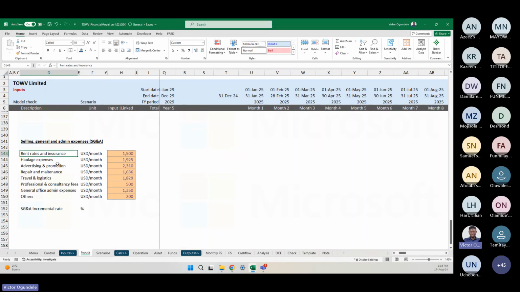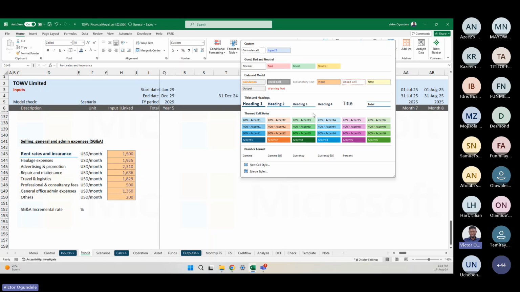So please, it's always good when you copy from another cell, make sure you paste it as value, so that you maintain your own cell format. You get some model from some people, and you open their cell styles and you will see a lot of cell styles. It's because people are copying from another worksheet and pasting it into that model, and once you do that, the cell style will copy from that workbook into your own.